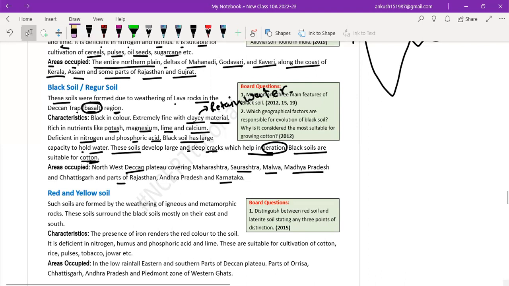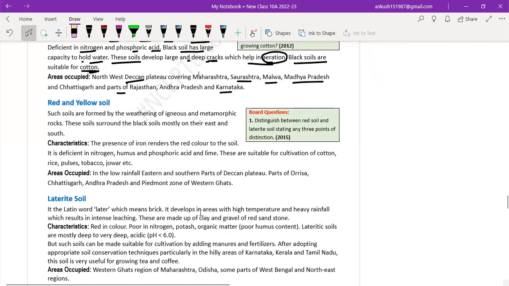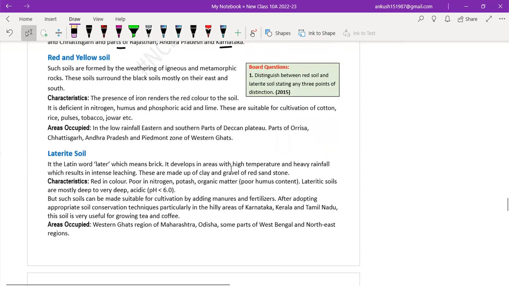Red and yellow soil, just understand where these soils are found on the map of India. If you find them in the right places, you will not get any difficulty on map work. Shall I share that map with you? Yes, sir.